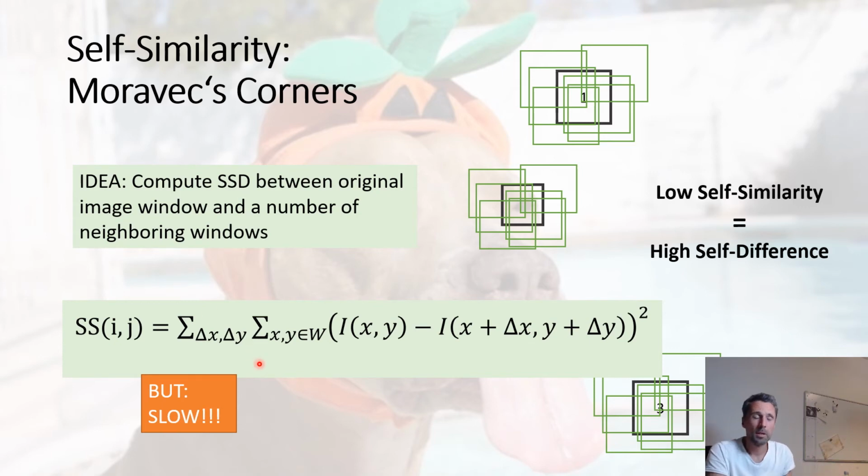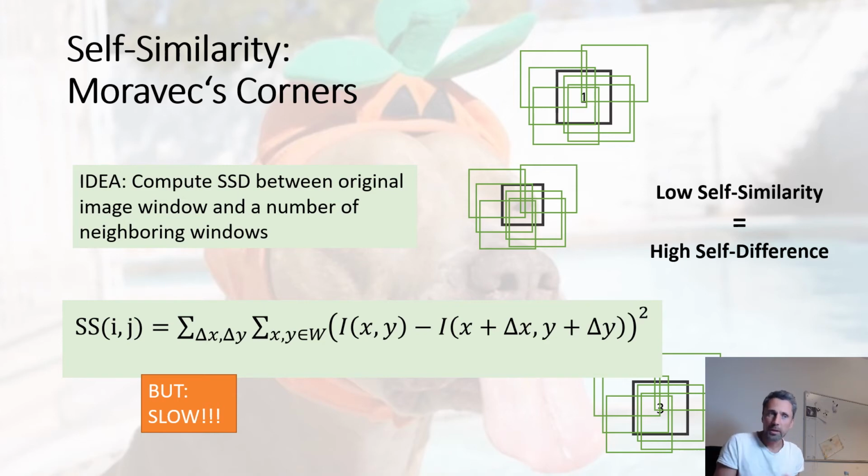The problem is that we'll actually have to do this block matching explicitly, right? So we'll take this window and match both, and then we'll do another time with another window and so on. And this just is very slow, and that's why people just don't do it anymore.